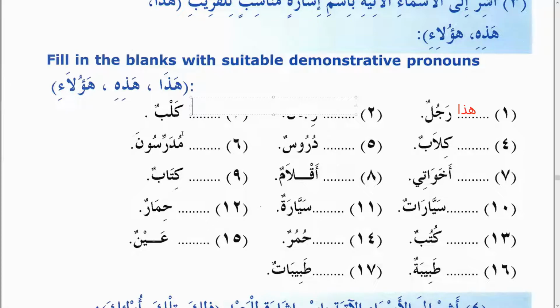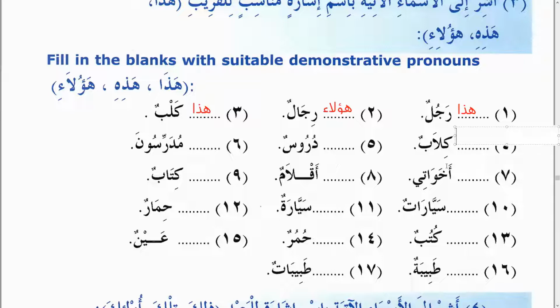Kalbun. A dog. Kalbun means a dog. Hada kalbun. Yes, this is a dog. Kilab. Not hada, if that was the previous one, yes.